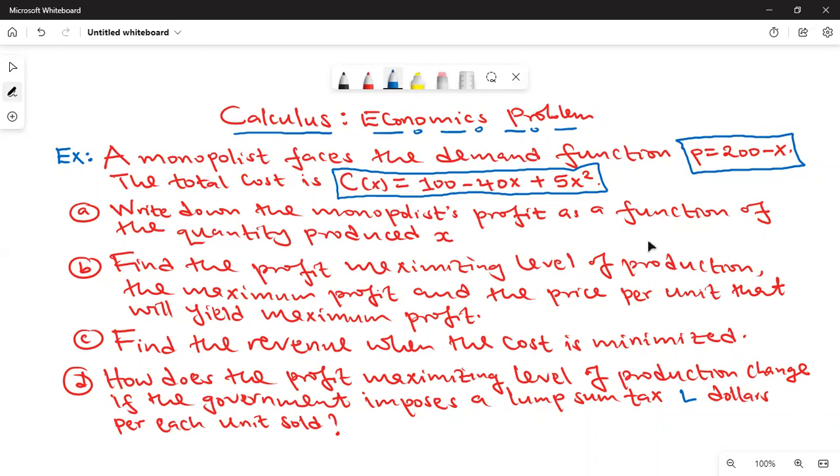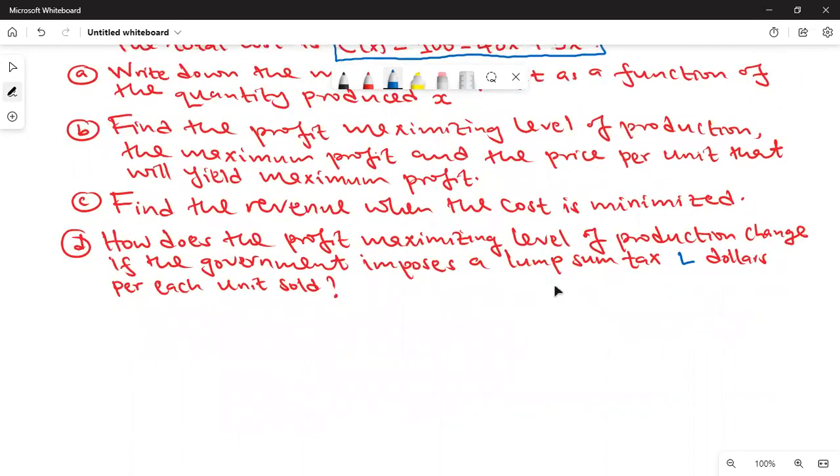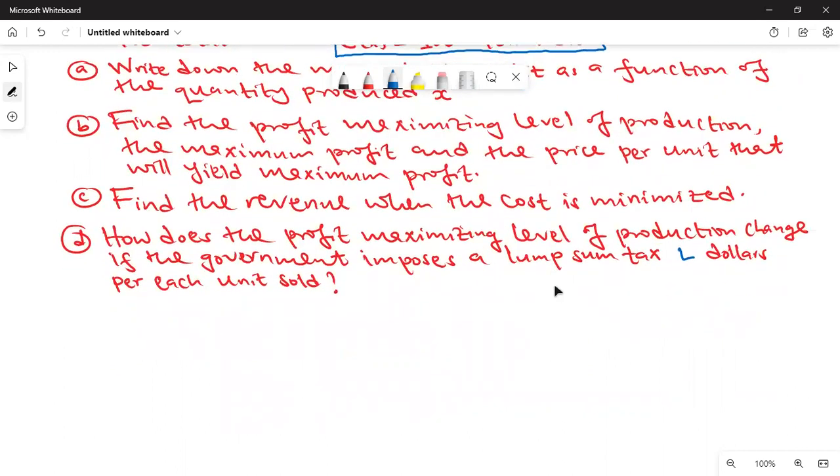So let's answer part A. We write a solution. Remember, for you to get the profit function, you must first of all be able to find the revenue function.